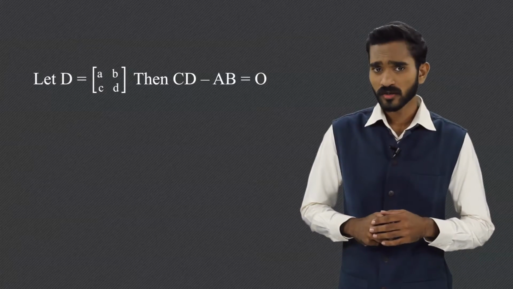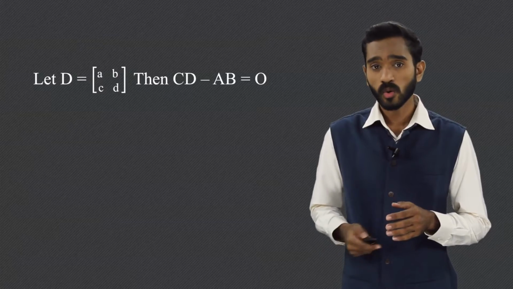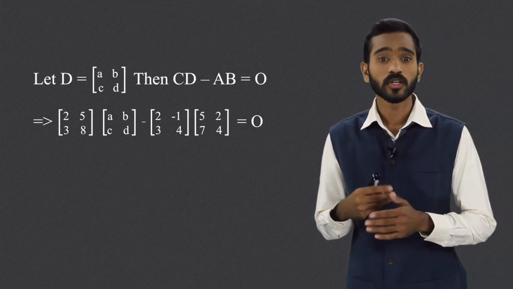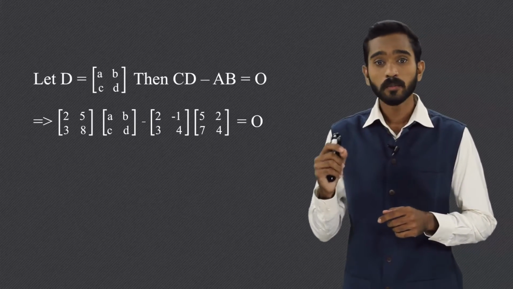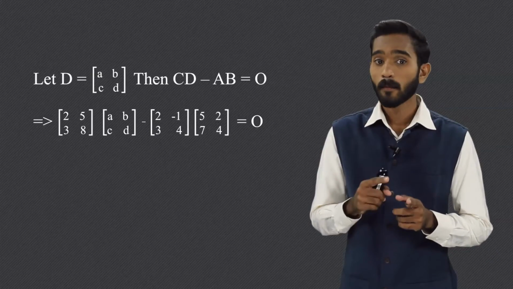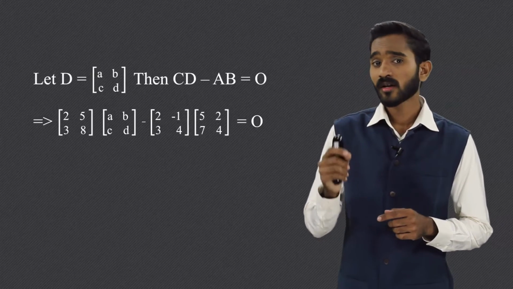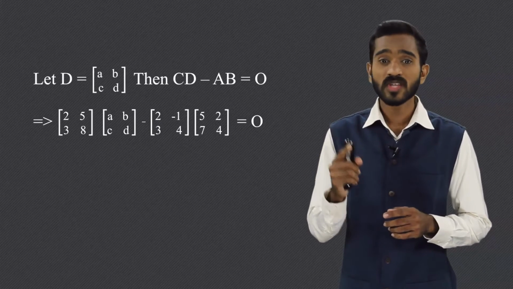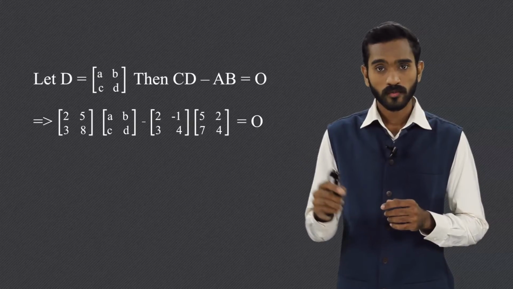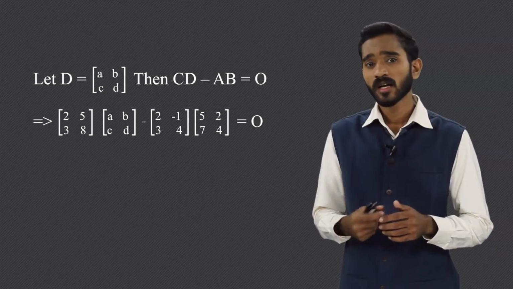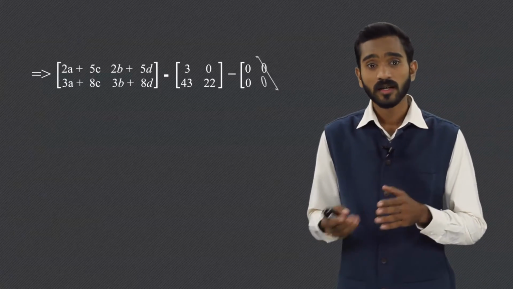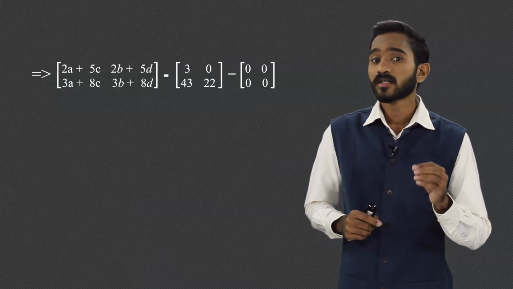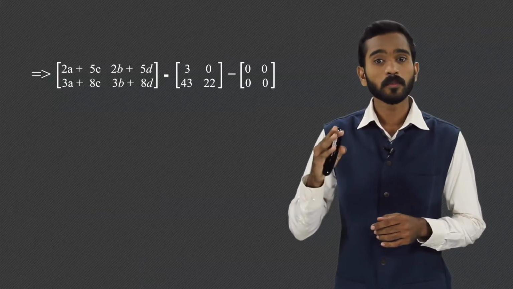Then, according to the given equation, CD minus AB is equal to O. We can write it as matrix 2, 5, 3, 8 of order 2 into matrix a, b, c, d of order 2, minus matrix 2, minus 1, 3, 4 of order 2 into matrix 5, 2, 7, 4, is equal to O. Here O stands for the zero matrix, which implies, on solving, we get matrix 2a plus 5c, 2b plus 5d, 3a plus 8c, 3b plus 8d.